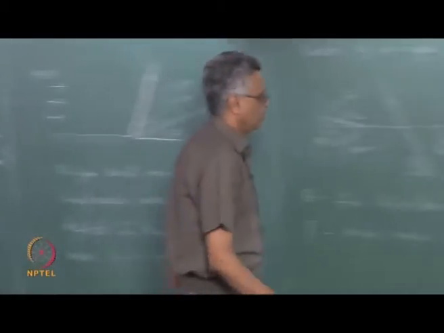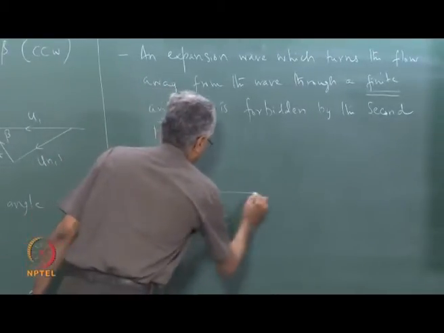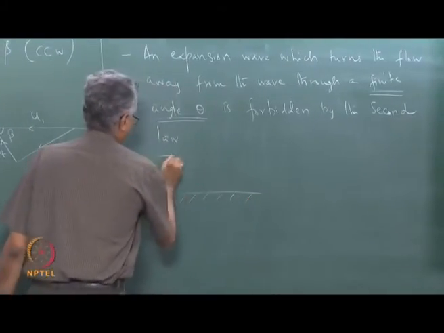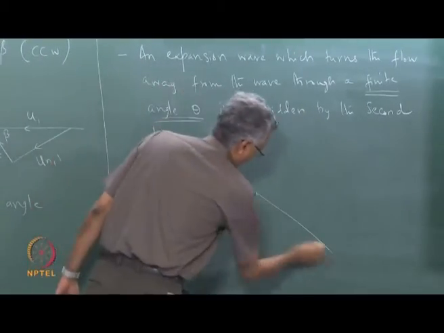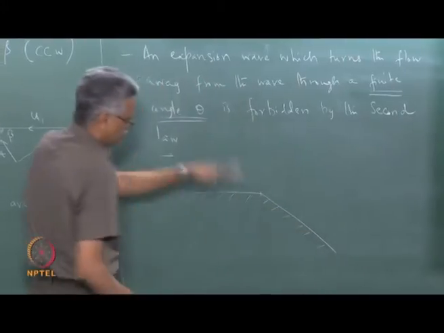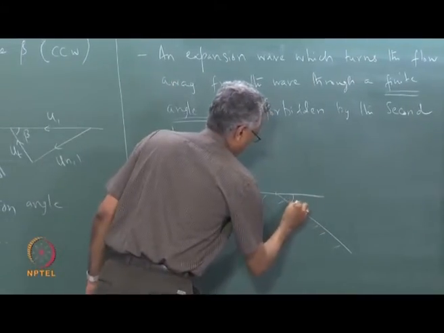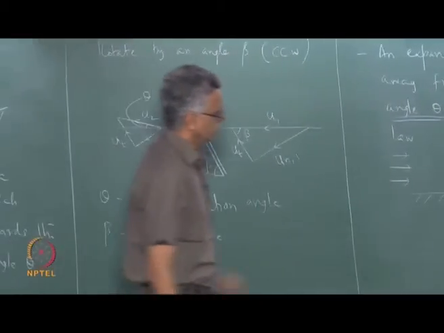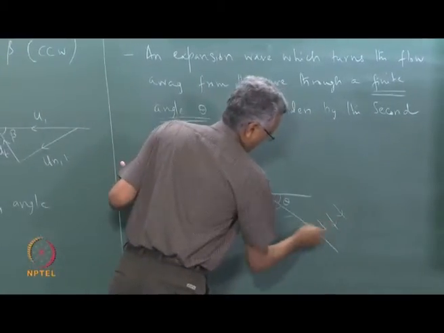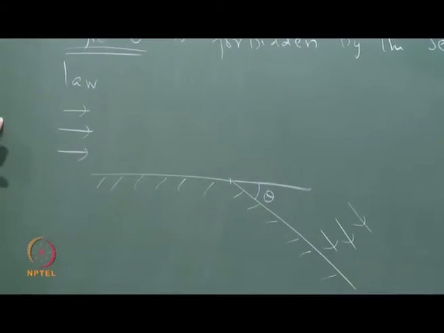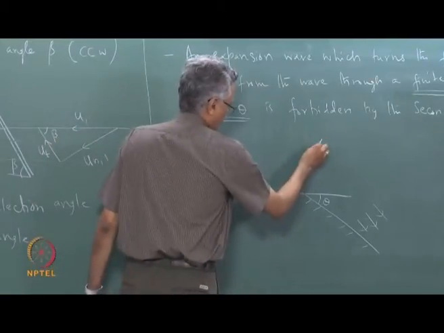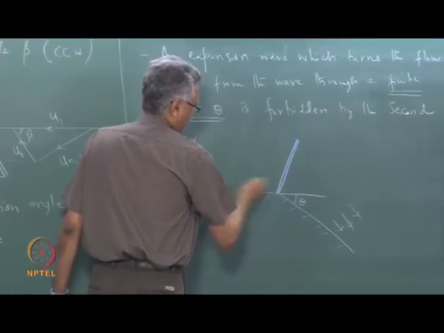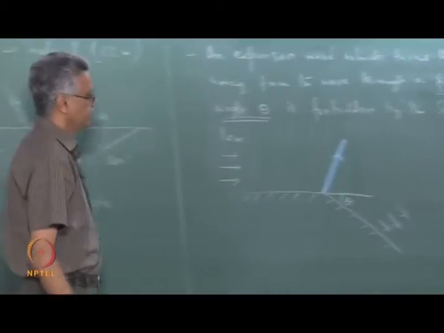Okay? So the situation that we are talking about is the exact opposite of this. So if we have, instead of a corner which goes like this, let us say we have a corner which goes like this. So this is trying to deflect the flow away from itself through an angle theta, right. An expansion wave which can accomplish this, of a finite strength, is not allowed.